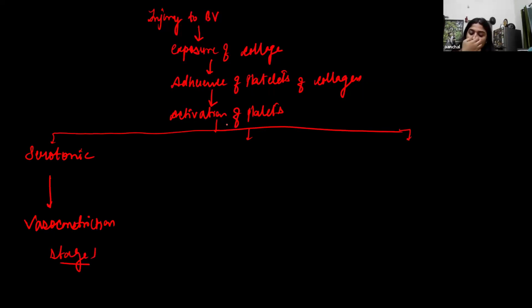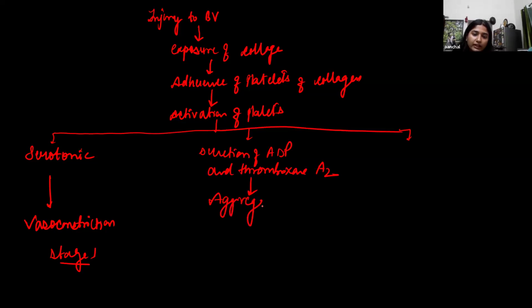Then second, after vasoconstriction, activation of platelets will lead to secretion of 2 very important substances. The first is ADP and the second is thromboxane A2. With the help of secretion of ADP and thromboxane A2, there will be more and more aggregation of platelets.